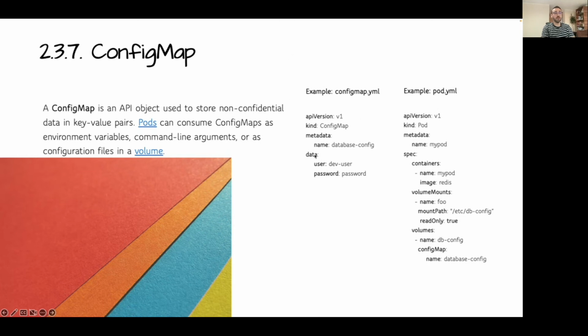So as you see, we have a manifest file, and under the data field we have some key values stored. I don't think that this is the best example, since user and password might be some sensitive data, but just for you to have a feel of what the config map can look like.